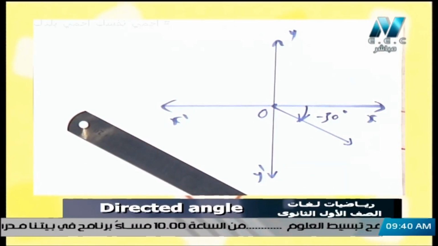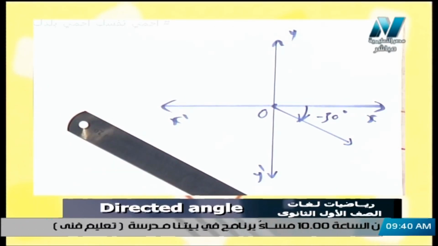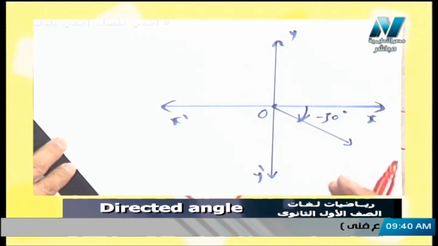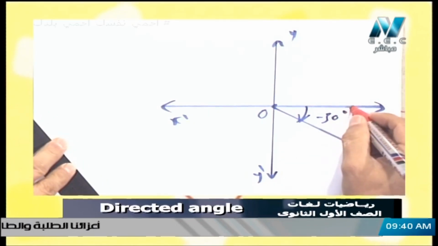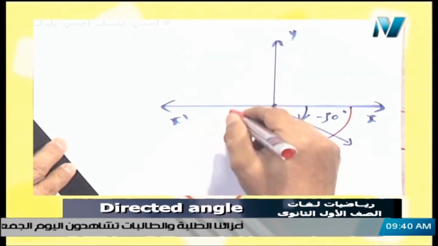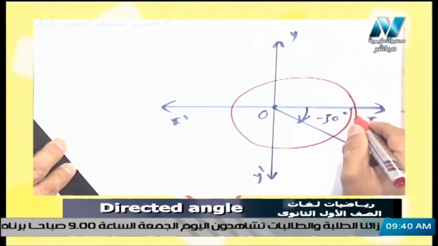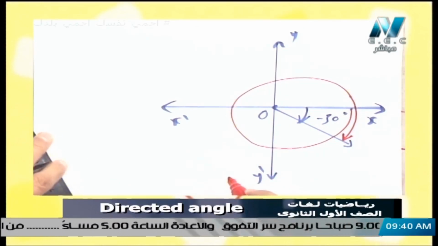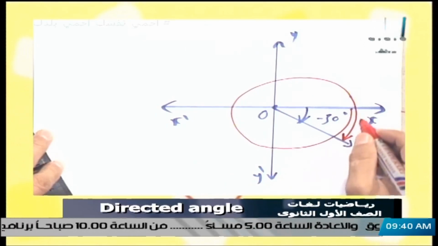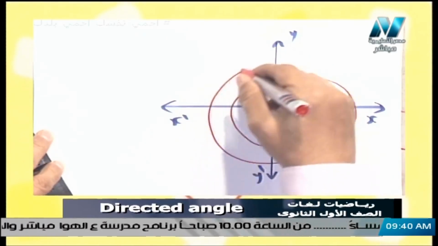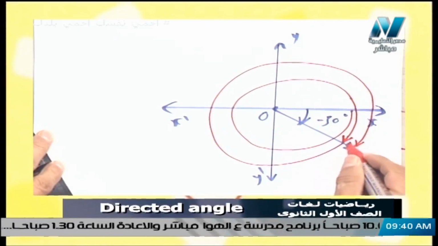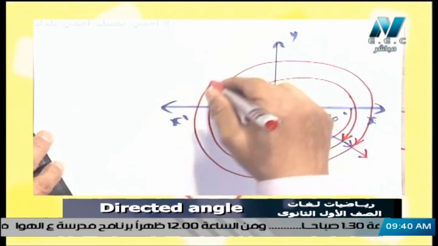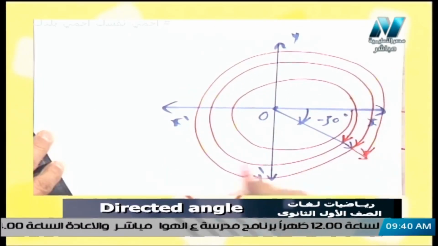Okay, does it have equivalent angles? Of course, if we start here and go one round and return to the same terminal side, it will be 360, and if we complete another turn and return again to the terminal side, it's 2 turns, and so on.